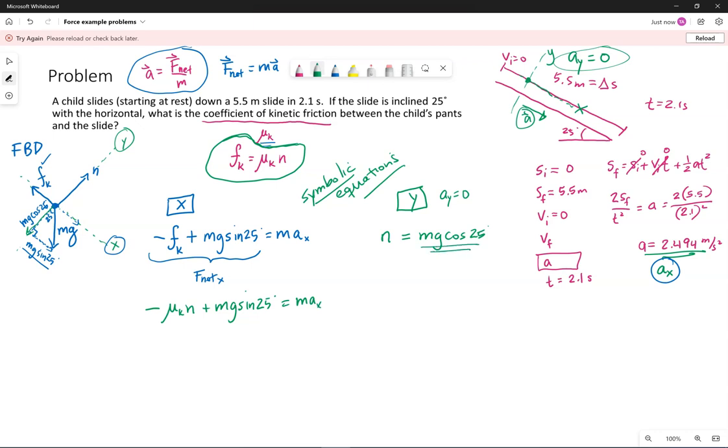I now know the normal force in terms of mass, so I'm going to plug that in for normal force. Typically, I would have plugged that in and not taken this individual step of mu times n, simply because I've done this enough times. But I wanted to show you these steps we're taking.